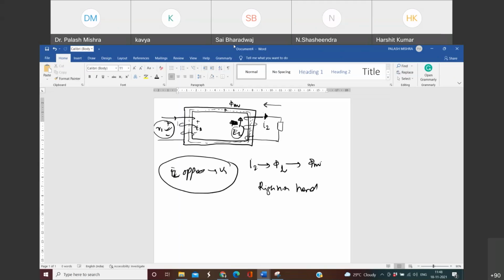And whatever voltage is generated, which equals M times di by dt, will be of opposing nature to V1 just because of Lenz's law. So by knowing the sense of winding, the way the winding is connected across the transformer, you can say whether the induced EMF generated because of the mutual coupling will oppose the voltage V1 or E1, or it will support it.